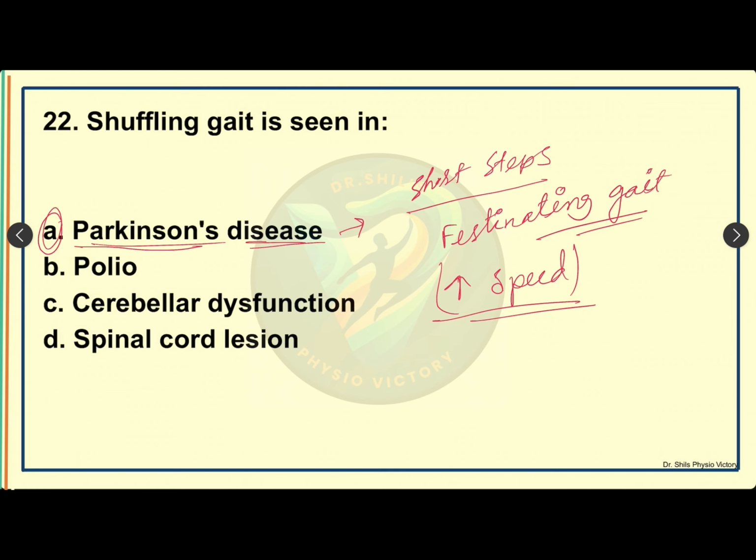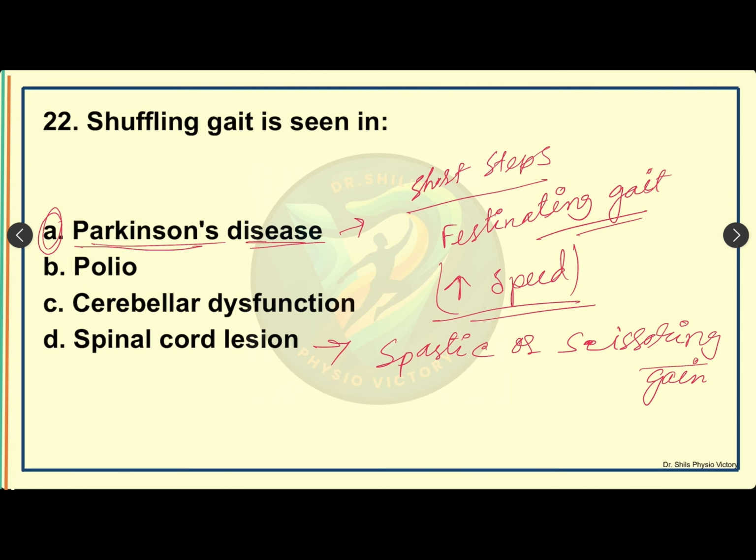Next question. Before going to the next question, we should discuss the other points. Spinal cord lesion leads to spastic or scissoring gait.